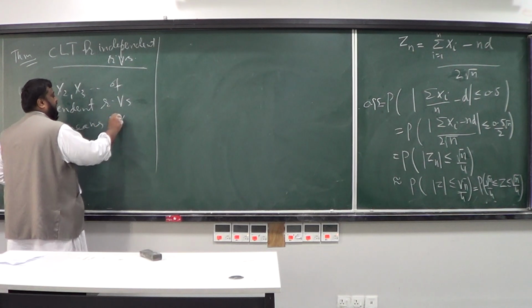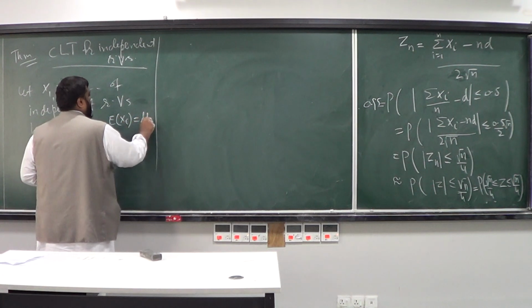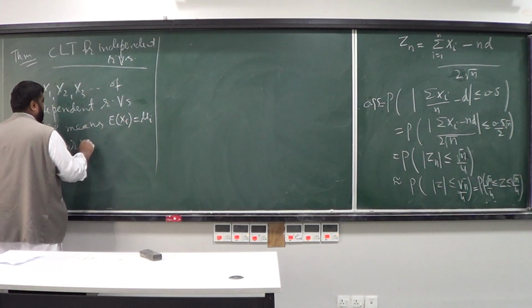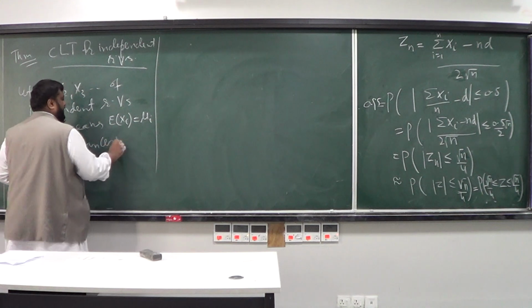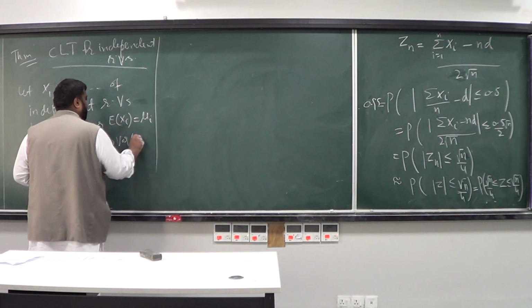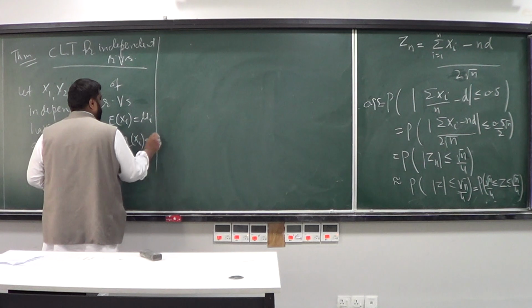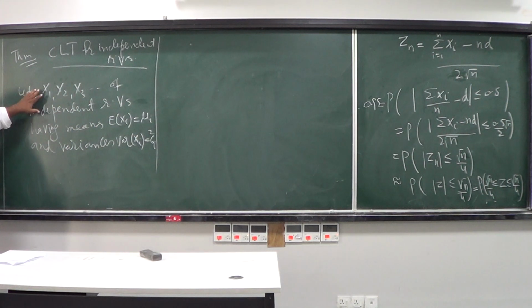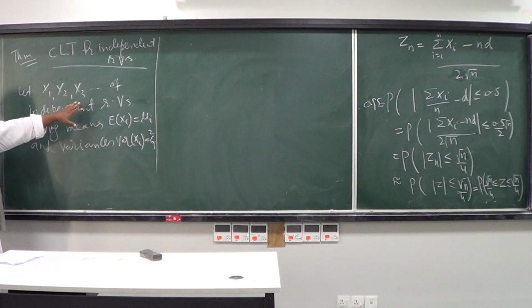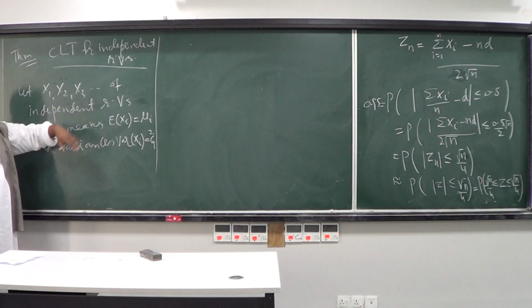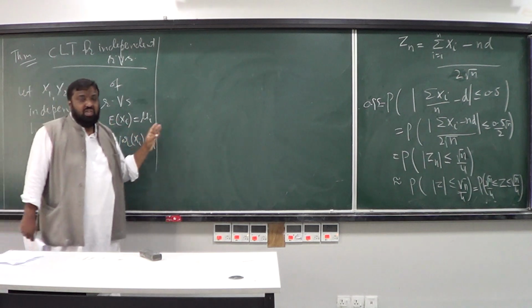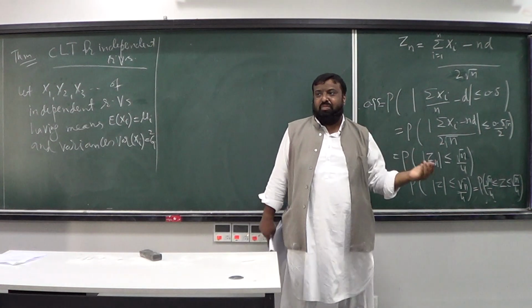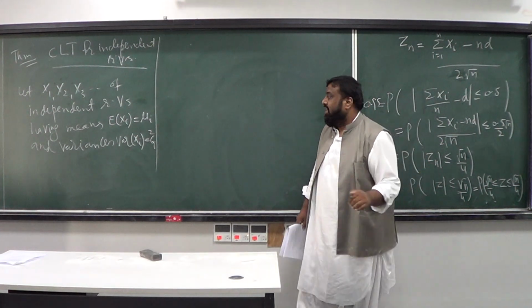The expectation of Xi is mu i, and the variance of Xi is sigma i squared. In other words, you have a sequence of independent random variables that can have any distribution. One could be binomial, another geometric, another normal, and so on.